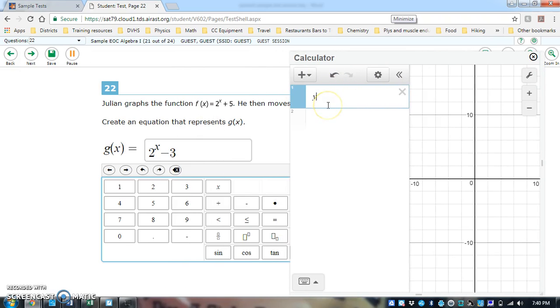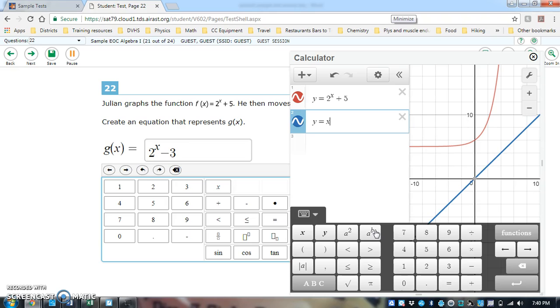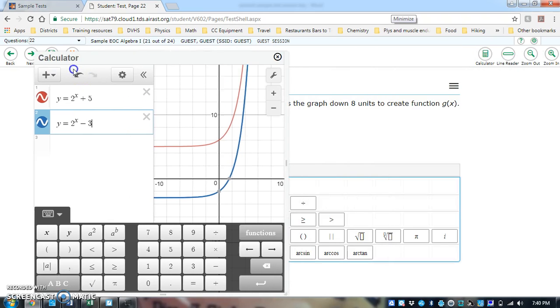So our function y is equal to 2 to the power of x plus 5, that's our original equation. Y is equal to 2 to the power of x minus 3. And if we look at those functions, and I'm going to make this a lot larger here in a moment.